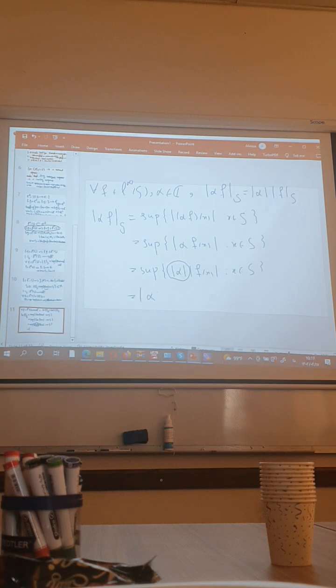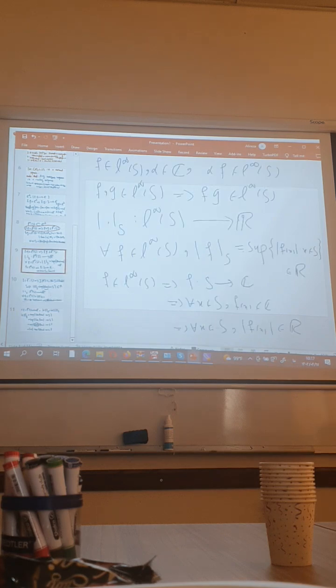So this is the absolute value of alpha times the supremum of the absolute value of f(x) such that x belongs to S. But what is this supremum? This is the norm of f, because this is our definition.